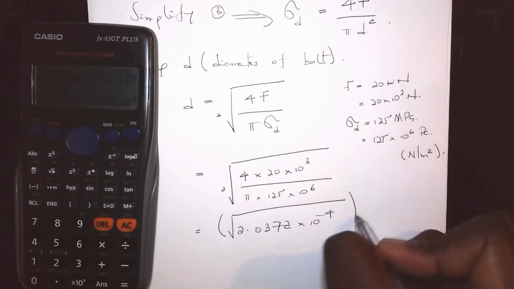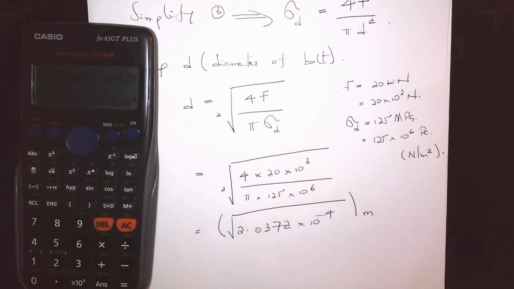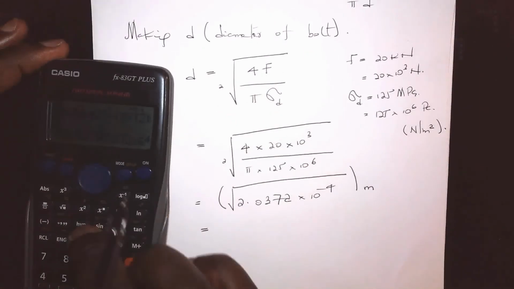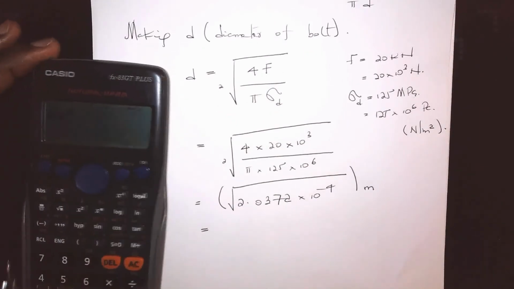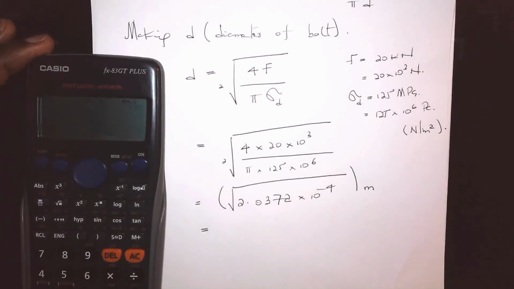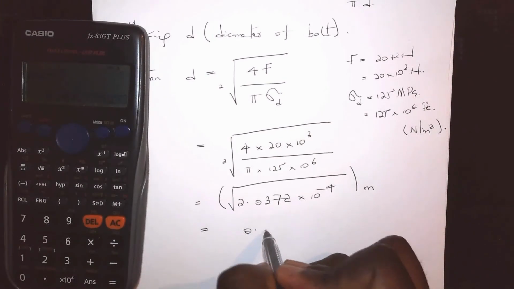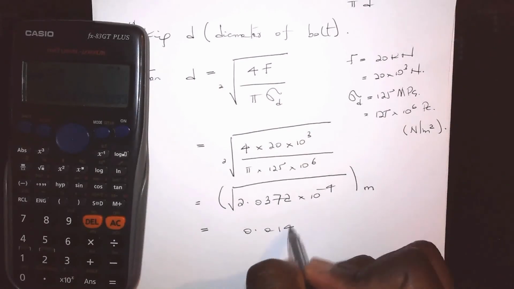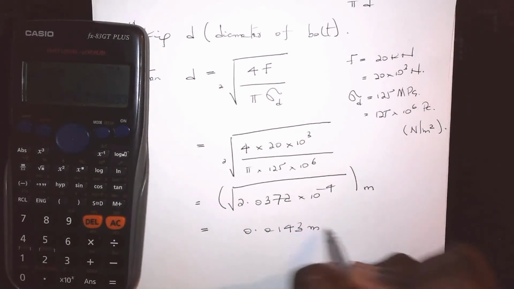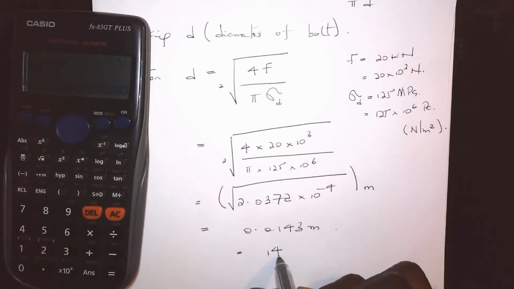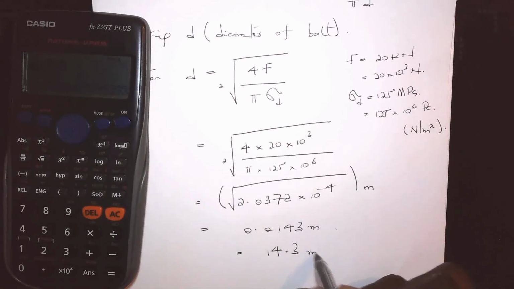The square root of that, our units would be in meters, gives 0.0143 meters, which is the same as 14.3 millimeters.